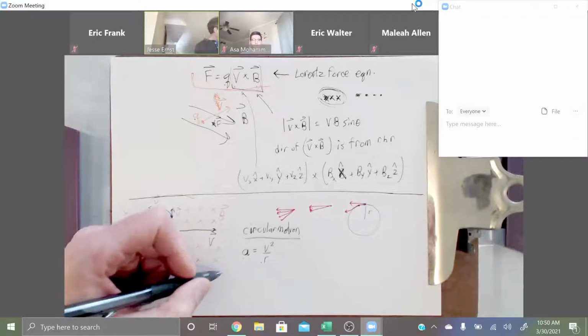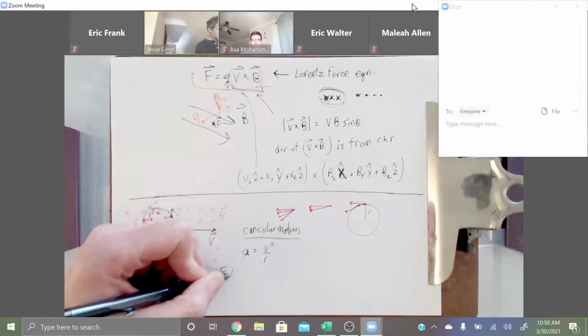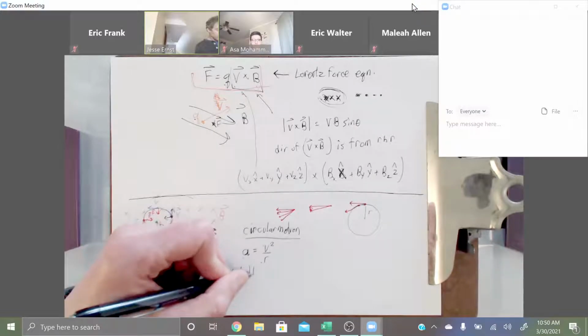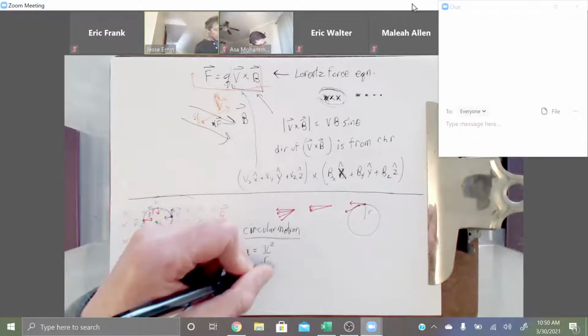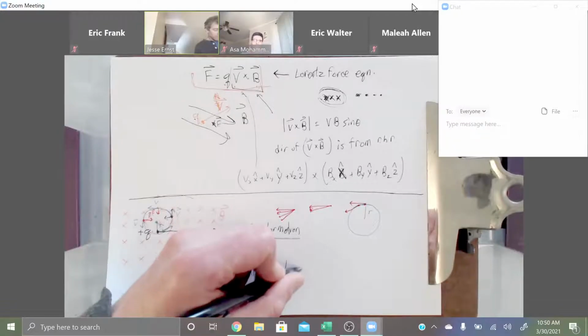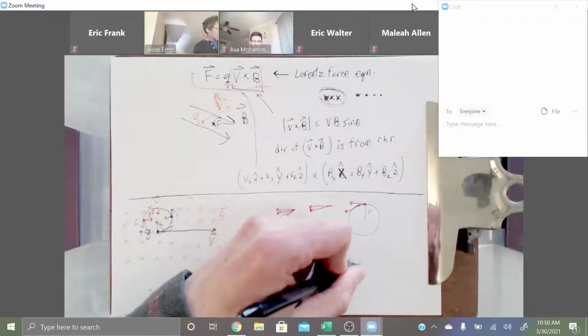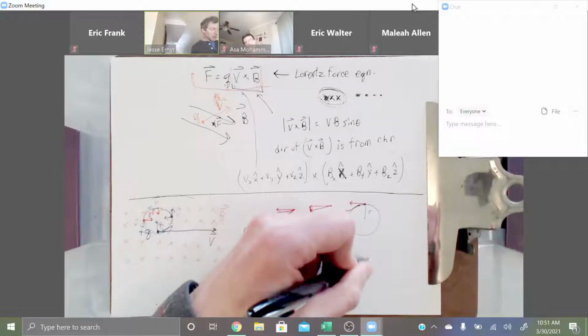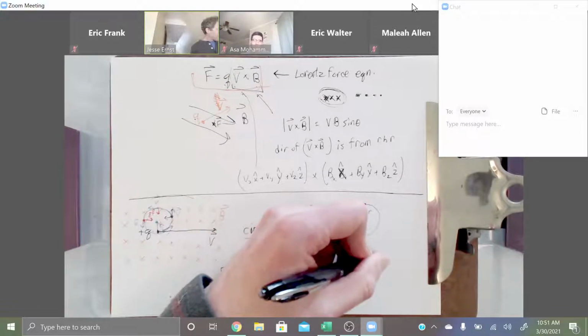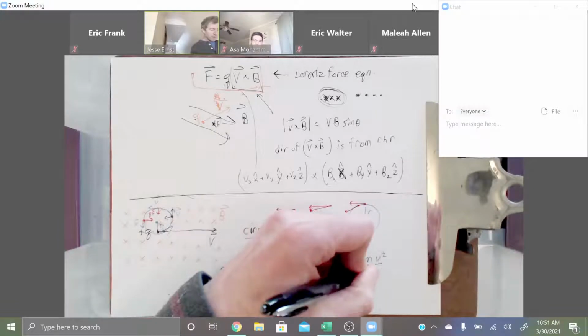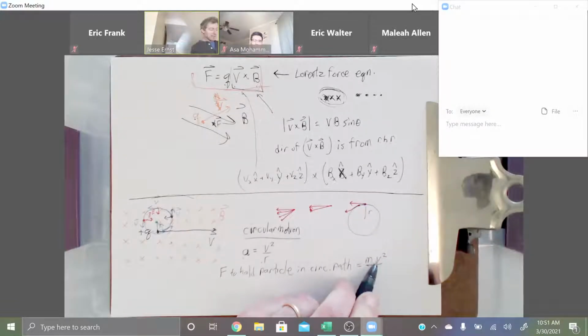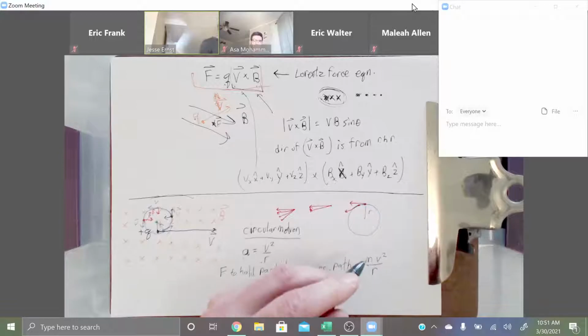And so the force is just going to be the mass of the particle times v squared over r, where v squared means the velocity vector's magnitude squared.